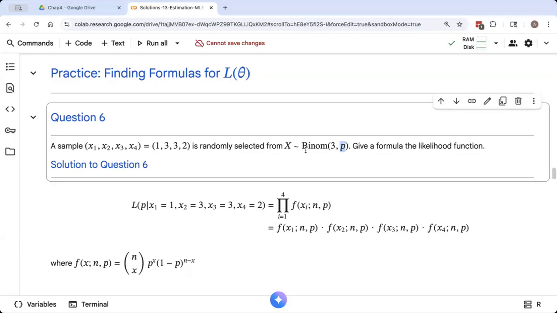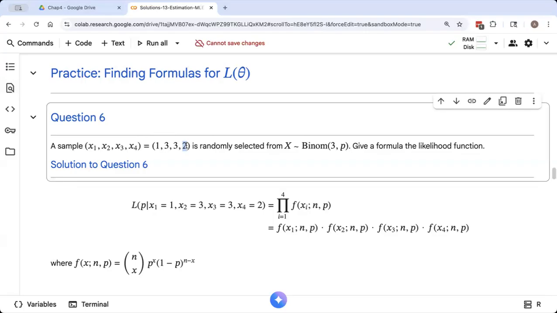We can think about you and your 3 friends each as collecting 1 data point from the population. Your observation of 1 out of 3 is the first value in our sample. Somebody else had 3 out of 3, someone had 3 out of 3, and the 4th person had 2 out of 3 that were green. Based on this information, let's find the maximum likelihood estimate for the population proportion p.